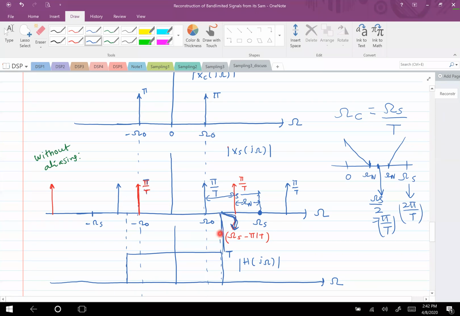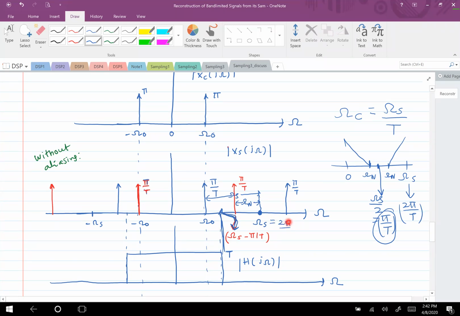One minute. So what did I write here? The cutoff frequency should be at pi by T. Let me work it out.